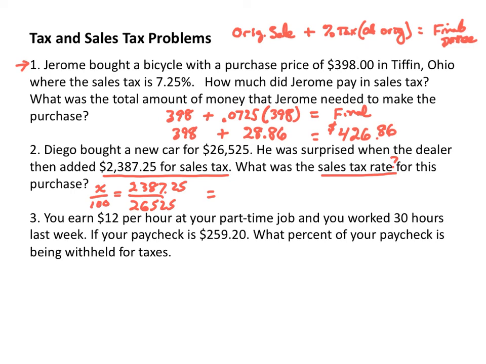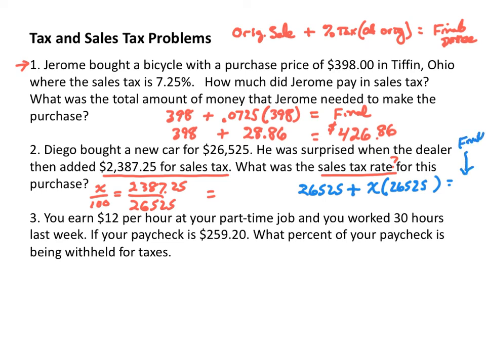Or if you want to write an equation, we can do it just like we did before. An equation would look like this: 26,525, plus, remember, taxes always add on, the tax rate, which we don't know, but it's that percent of the original, 26,525, equals the final price.